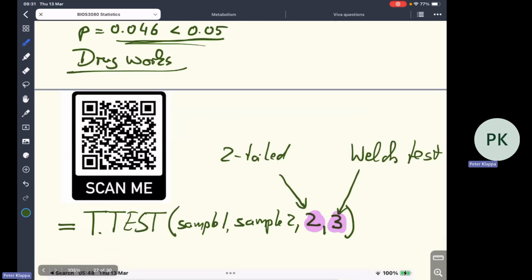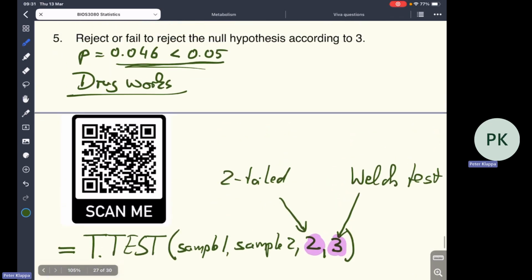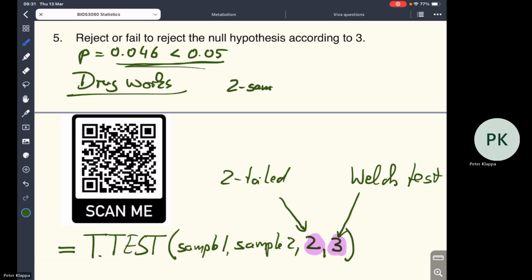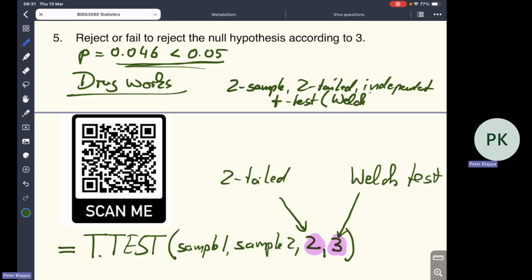This was actually what is known as a two-sample, two-tailed, independent t-test. Sometimes you see it also called Welch correction or Welch test.